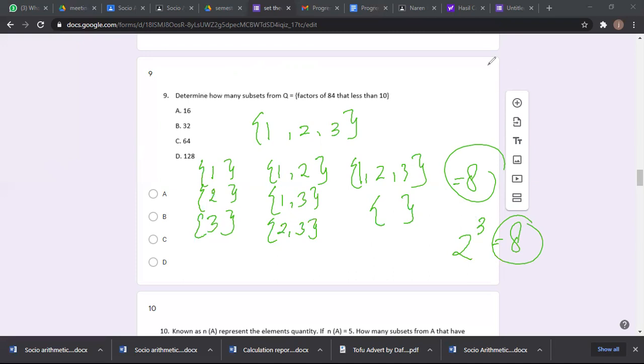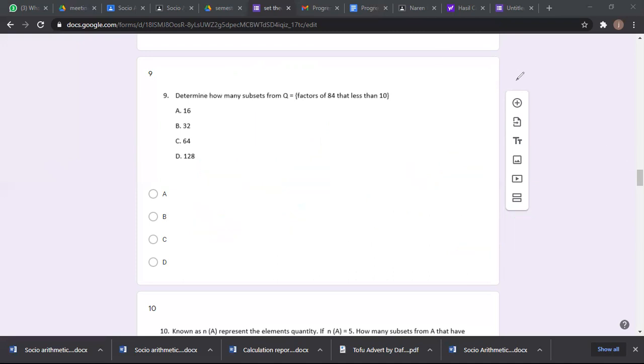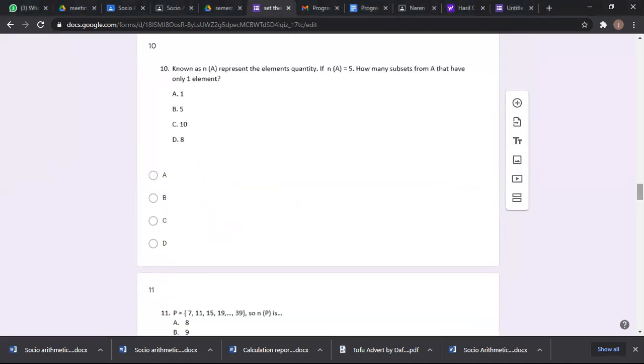Okay, hopefully you're clear with this one. Let's move to the next question, number 10. So n(A) means the quantity of the elements. If n(A) is 5, how many subsets have only one element?